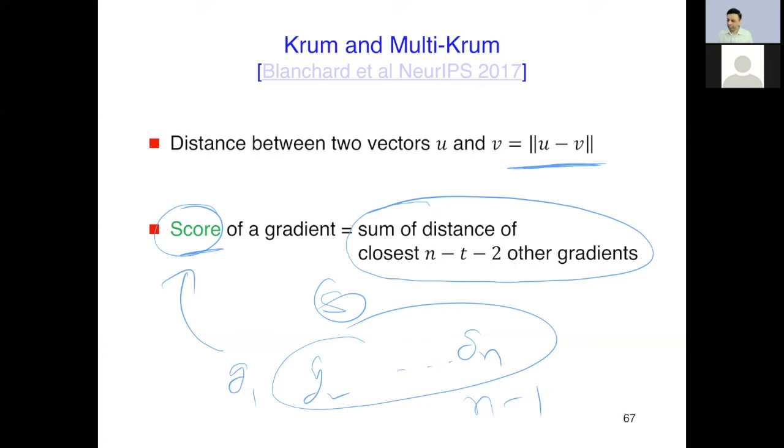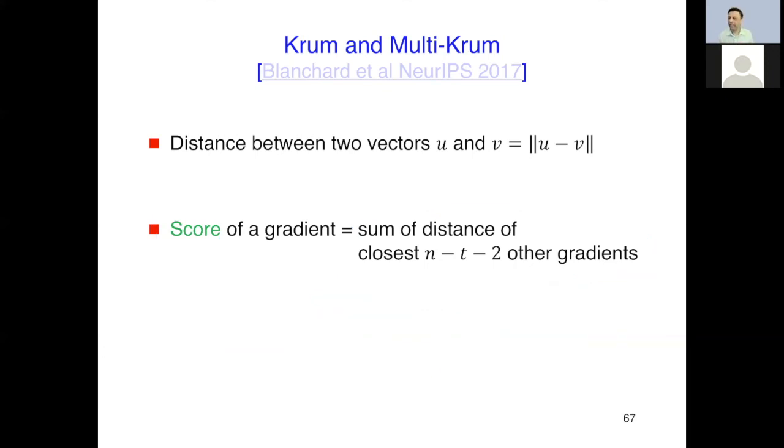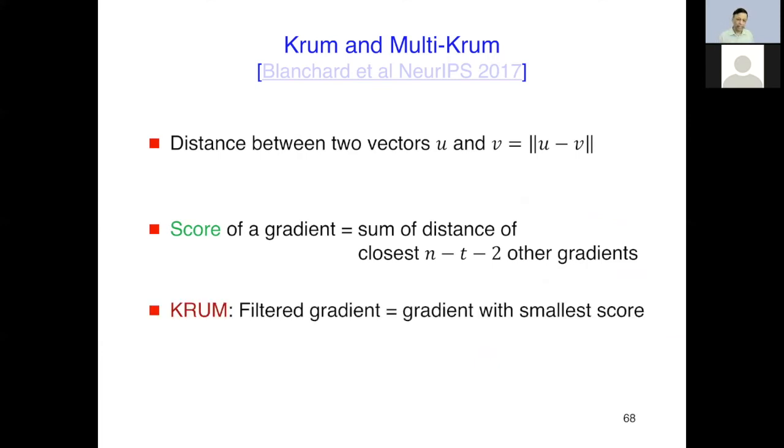There are n minus 1 such gradients. We won't add up all of them. We take only n minus t minus 2 of them. And that gives you the score of gradient g1. We compute score of gradient g2 similarly, and so on. And then the filter gradient is simply the gradient from among those n gradients that has the smallest score.